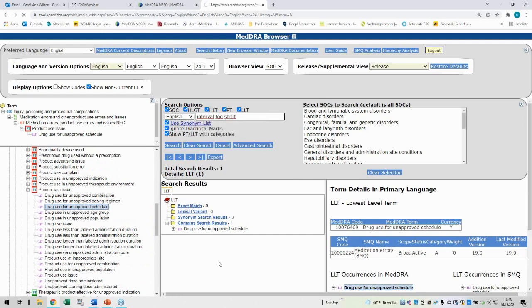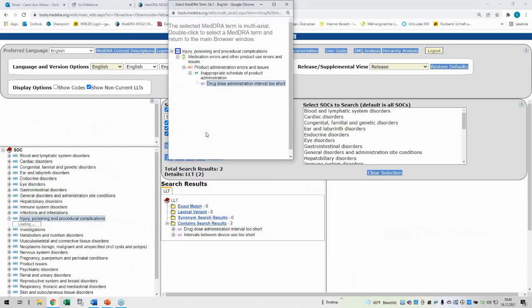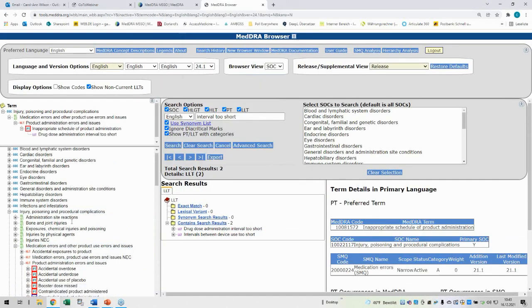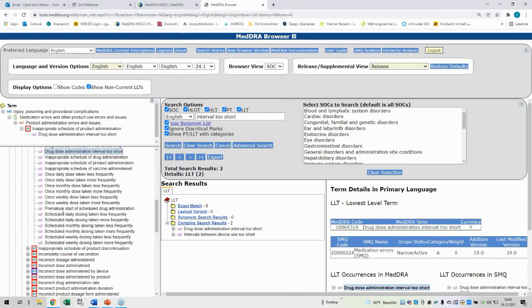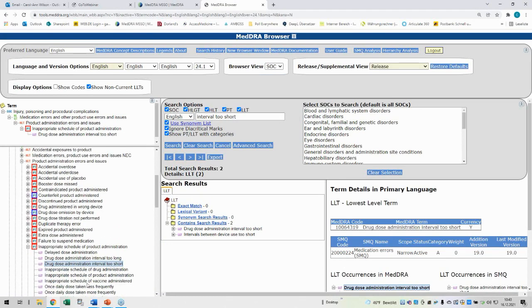So enter this one. Here, drug dose administration interval too short, go to browser. And here we are at least in the correct HLT because it really captures the fact that the product was administered. It would be grouped under inappropriate schedule of product administration. This LLT is, so to say, a neutral term because it does not contain the information that the deviation from the prescribed schedule occurred in error.